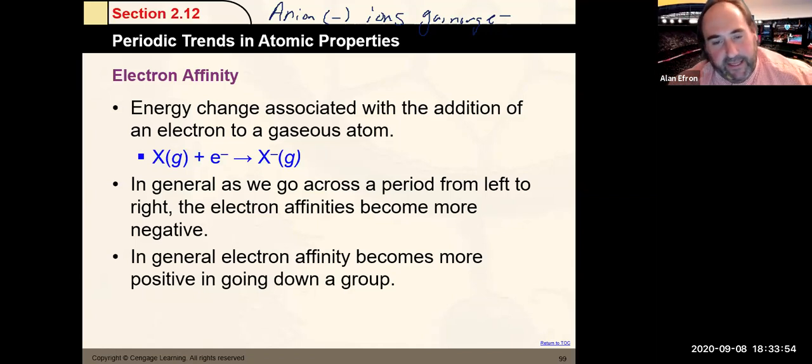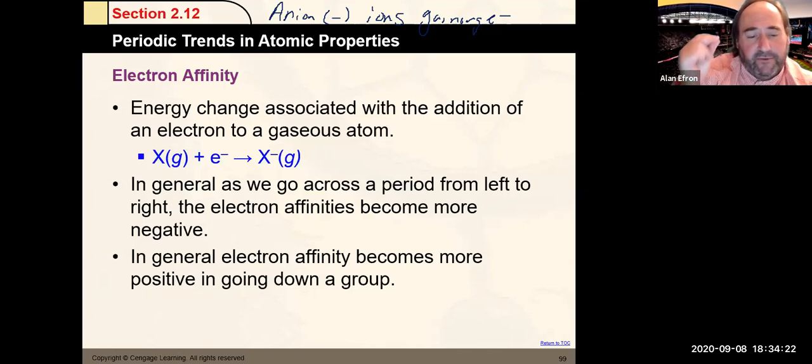Although we don't necessarily see sodium gas and chlorine gas, which is good because chlorine gas is not so good for us, it actually does happen in a two-step process where they gain or lose those electrons in the gas phase. So that's why we talk about gaining and losing electrons in the gas phase, because that's actually when it happens.